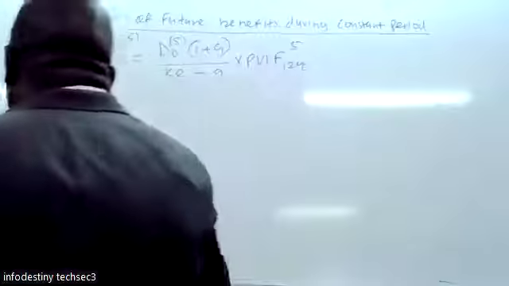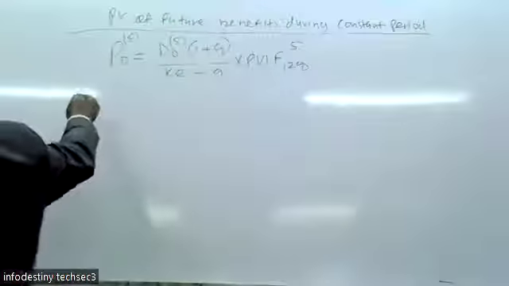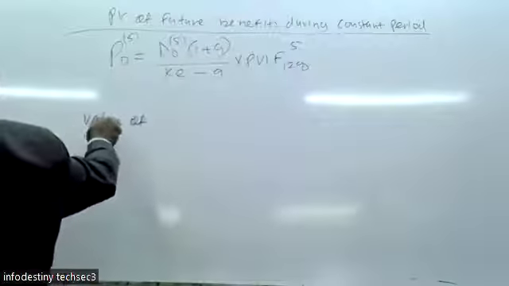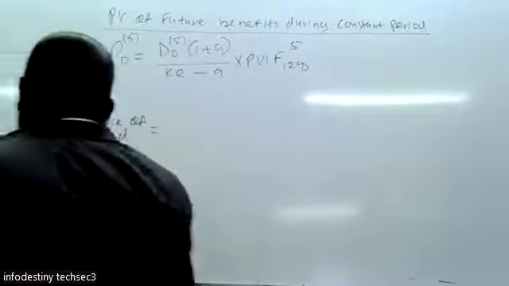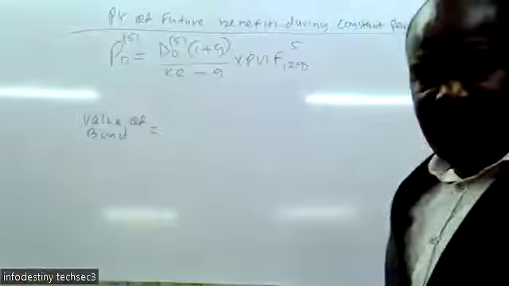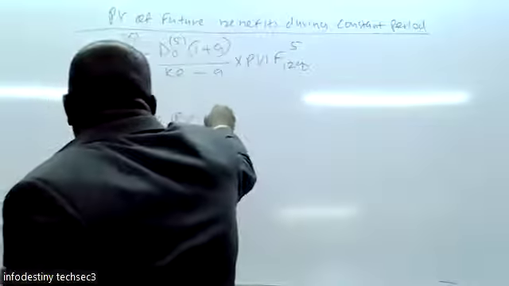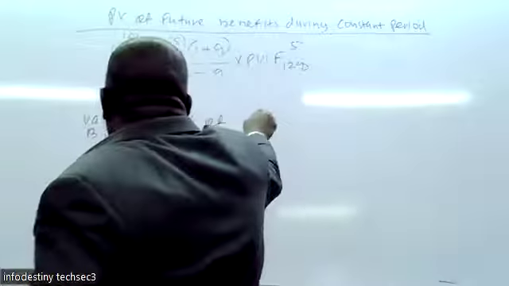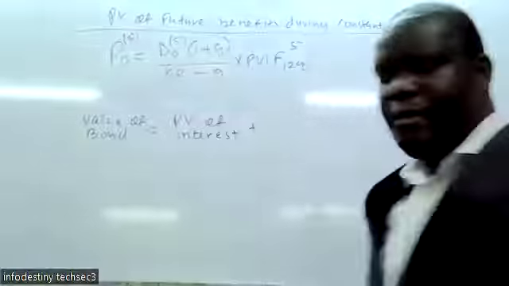So to get the value of the bond, the value must be equal to the present value of the interest.